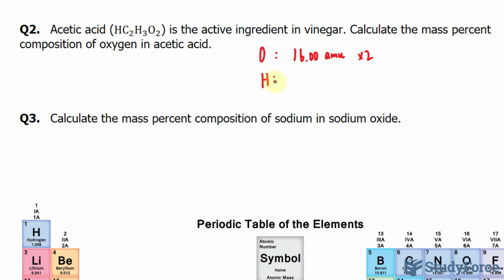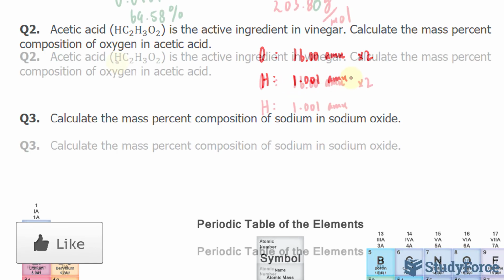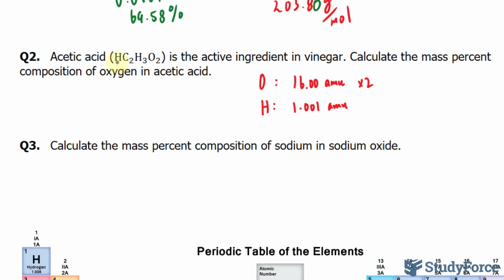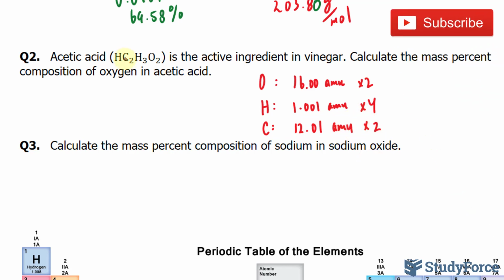Hydrogen has a molar mass of 1.001 AMU, and we'll multiply that by 4 because we have 3 hydrogens here and 1 here. So multiplying that by 4. And finally, carbon has an atomic mass unit of 12.01 AMU. We'll multiply that by 2, represented by the subscript 2.